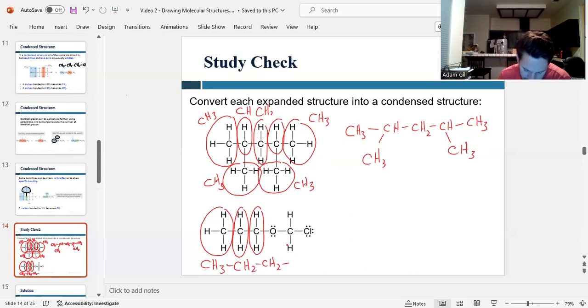And this is just an oxygen, and so we're just going to write O, and we're going to leave out the lone pairs. And then we've got another CH2, and then we've got a Cl. So these are the condensed structures for these 2 expanded structures.